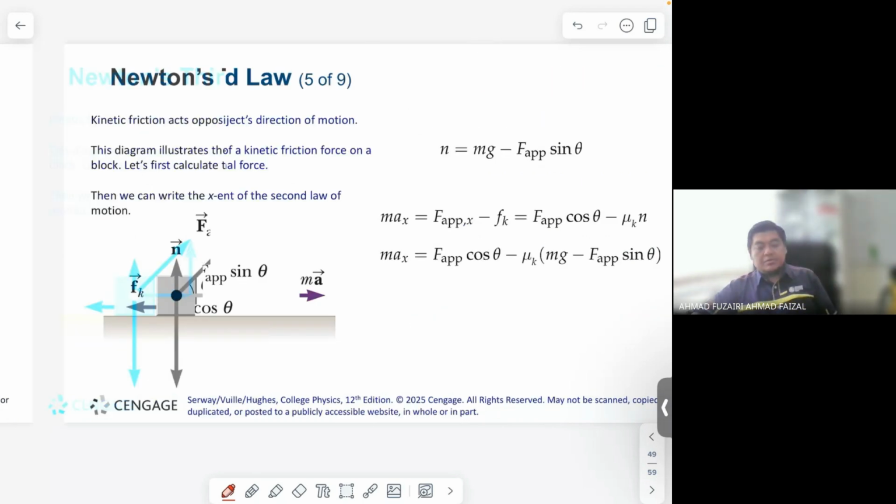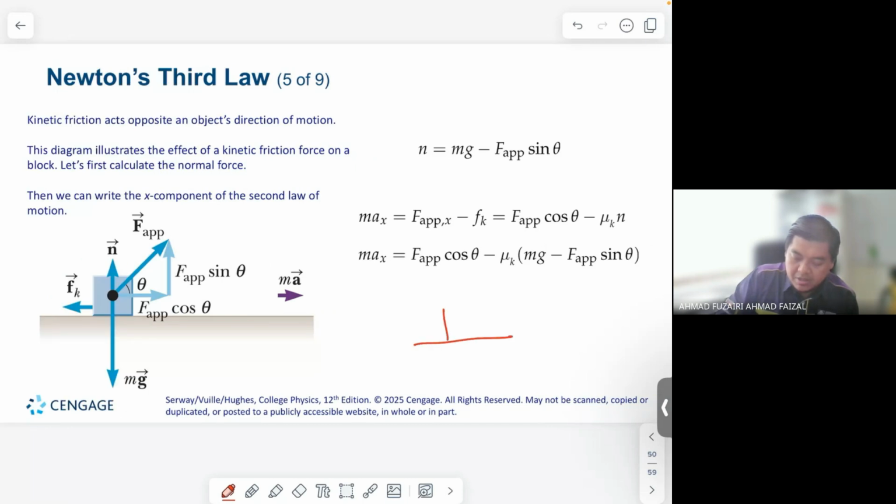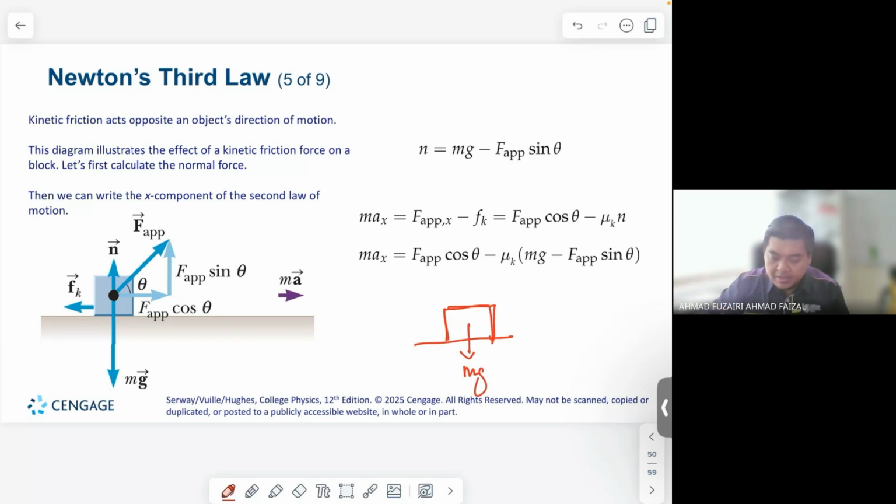So, using Newton's third law, if you are given an object put on the floor, the object has mg, the weight, and of course the normal force.